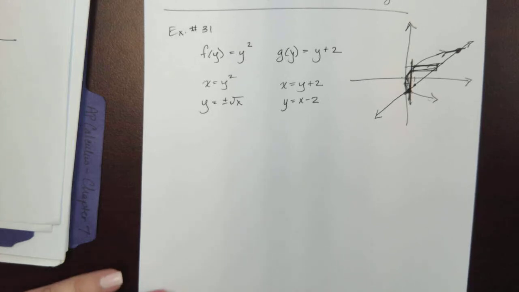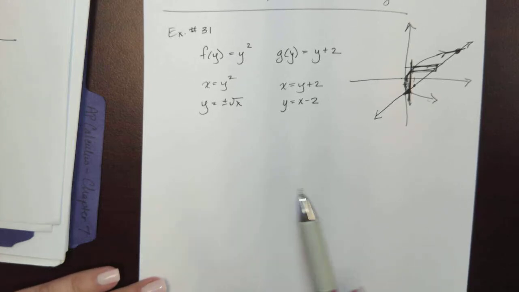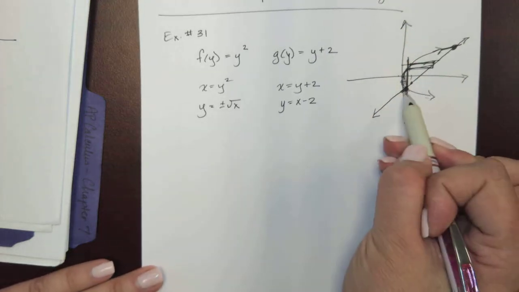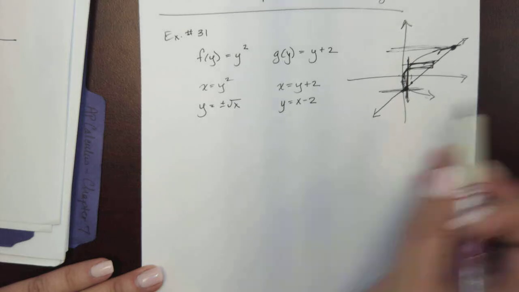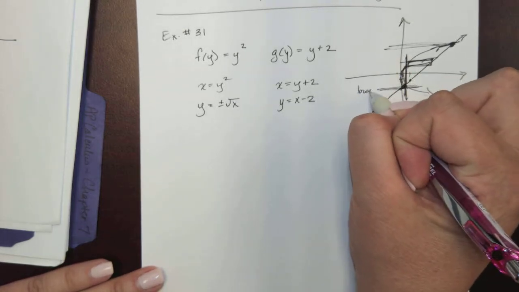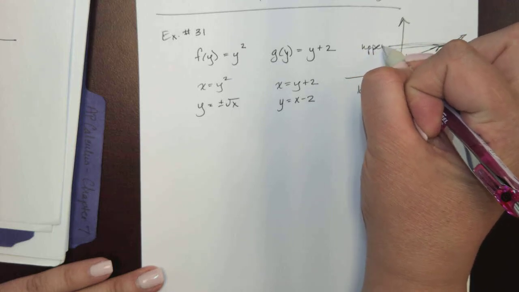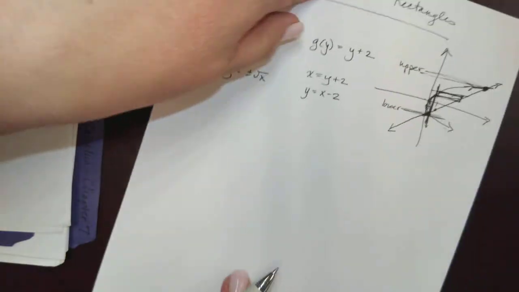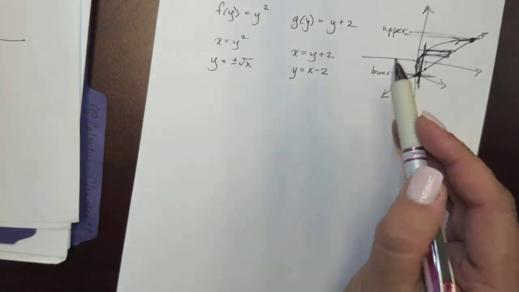Okay, so we're going to be integrating horizontally, which means I need to find this intersection and this intersection. Because my bounds are now going to be, this is my lower bound, and this is my upper bound, if I imagine turning it on its side. So I need to set them equal to each other.